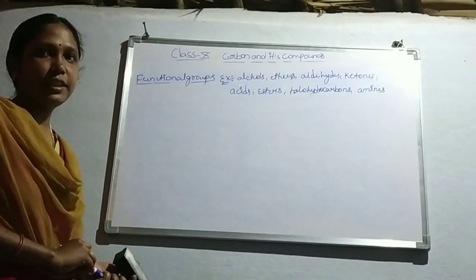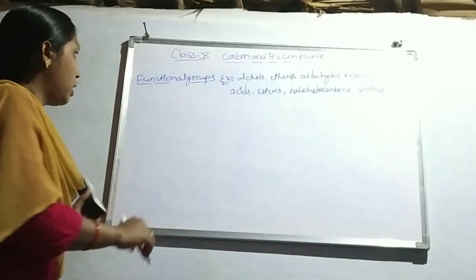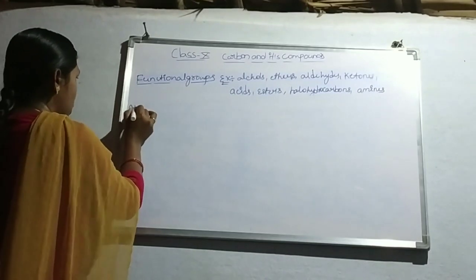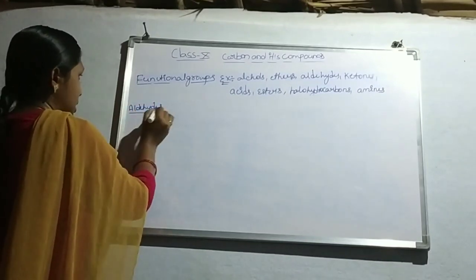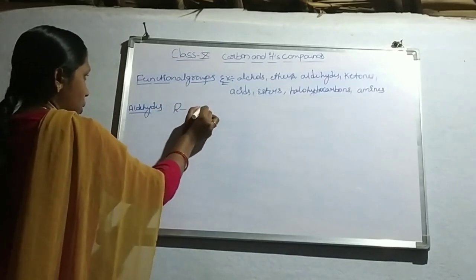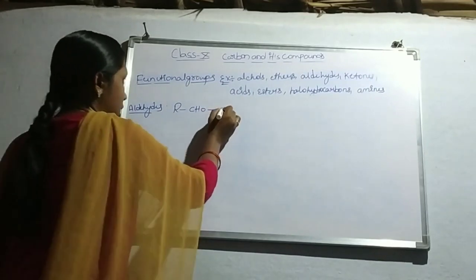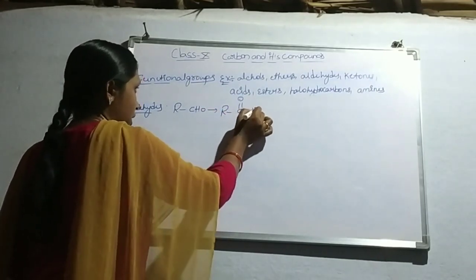Here the aldehydes have a general formula RCHO. Aldehydes: RCHO, that we also write as R-C double bond O-H.